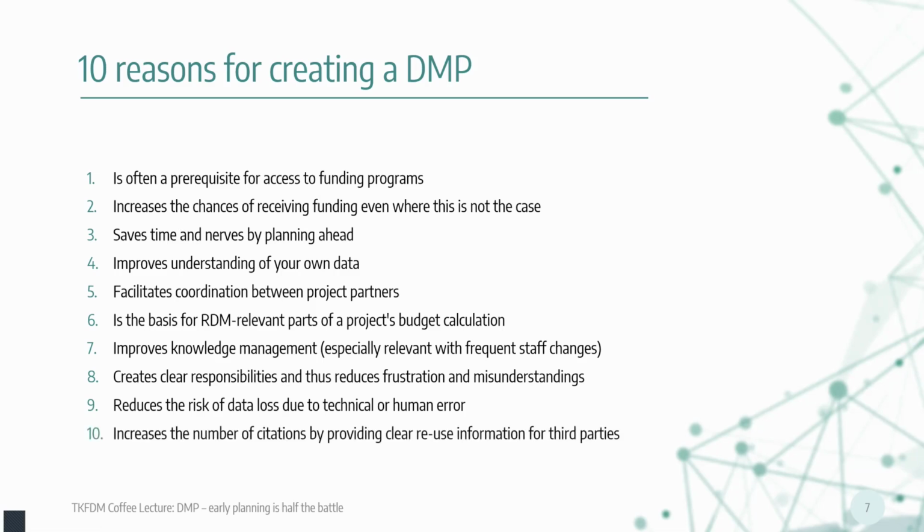And it increases, and this is probably the most important one to anyone who's a scientist, the number of citations by providing clear reuse information for third parties and generally making sure that your data are well managed and well documented. All right, that's basically the most important reasons for writing a DMP.